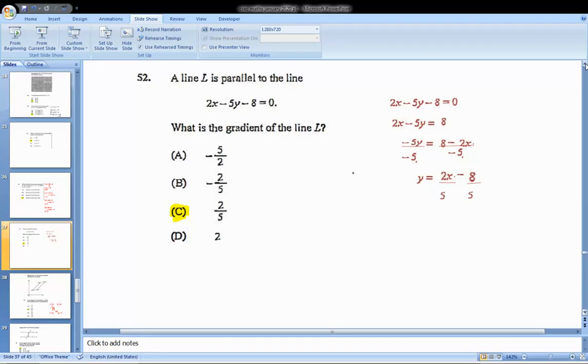The negatives cancel out each other, so we're left with y equals 2/5 x minus 8/5. So therefore, the gradient of the line L we're looking for is 2/5. So C would be our answer.